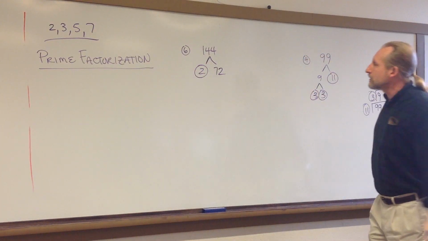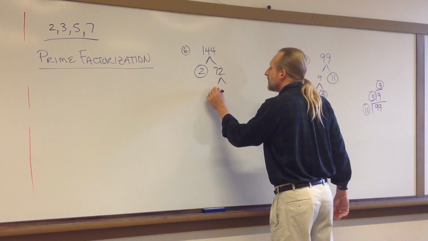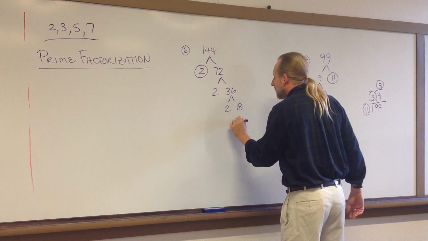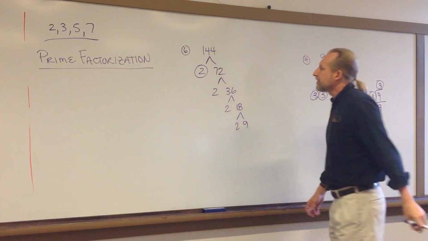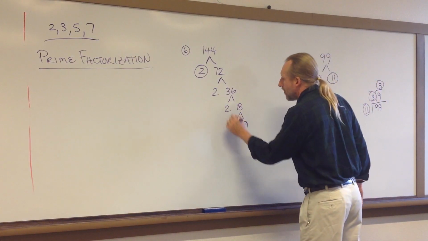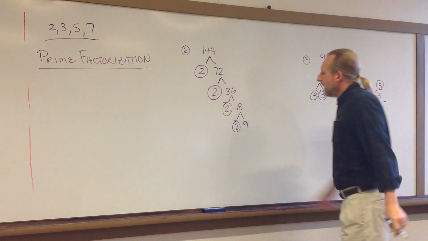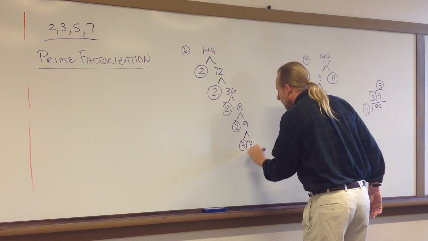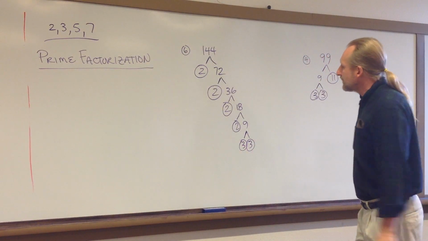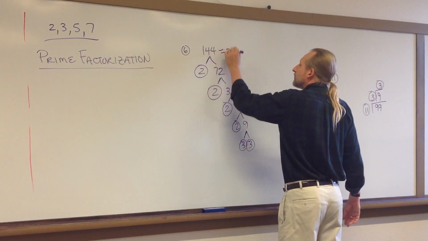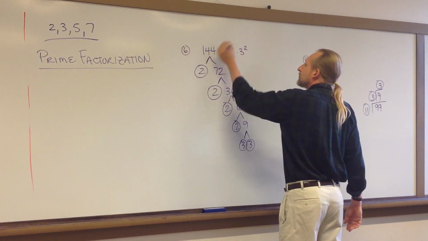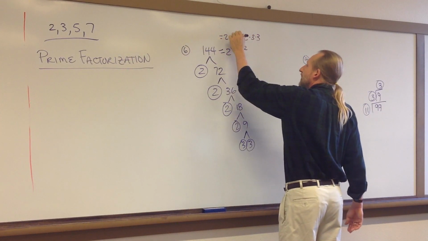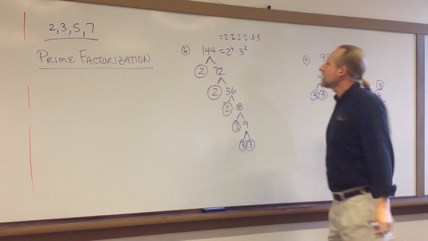Now the 72 is also even, so let's just keep dividing by 2 as long as we can. Okay, so there's all the 2's, and then we've got a 9 down here. That means we're going to do 3 times 3. So there's our factorization. 2 to the 4th times 3 squared, or 2 times 2 times 2 times 2 times 3 times 3. Okay.